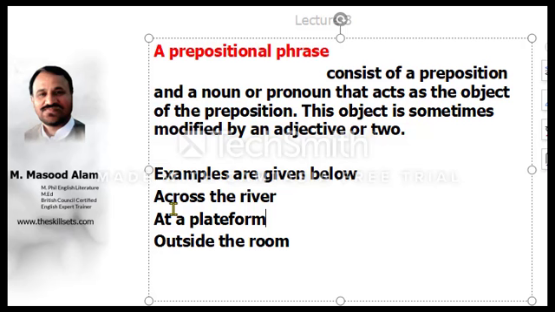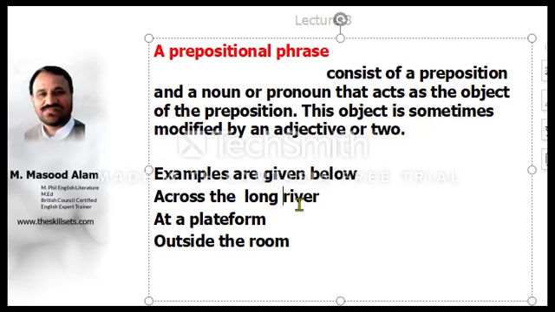If I include another modifier between the and river, a long river, and write across the long river, now what will happen? Now long is the adjective, and the and long are both modifiers of this noun.